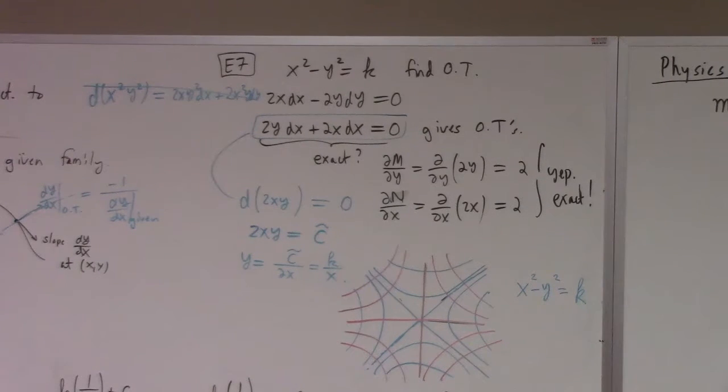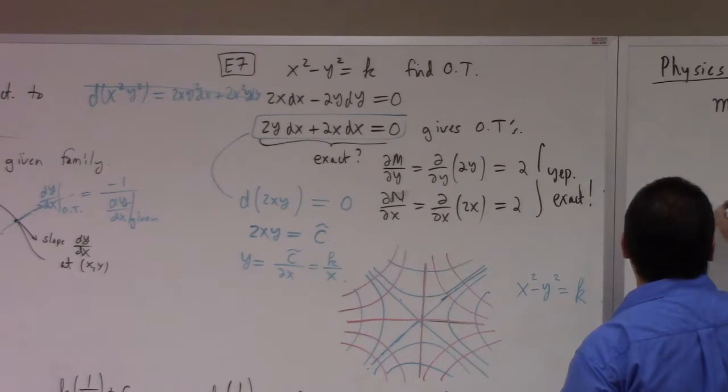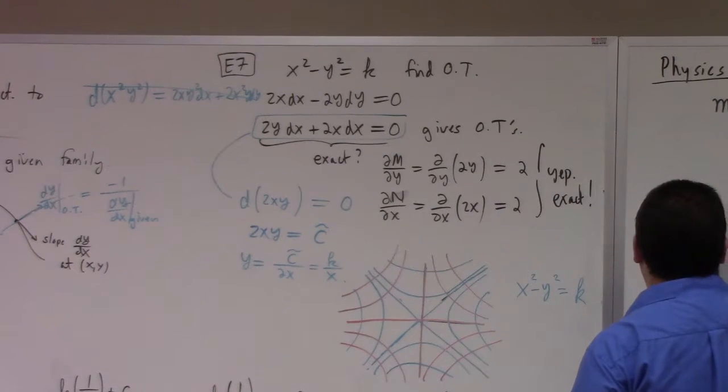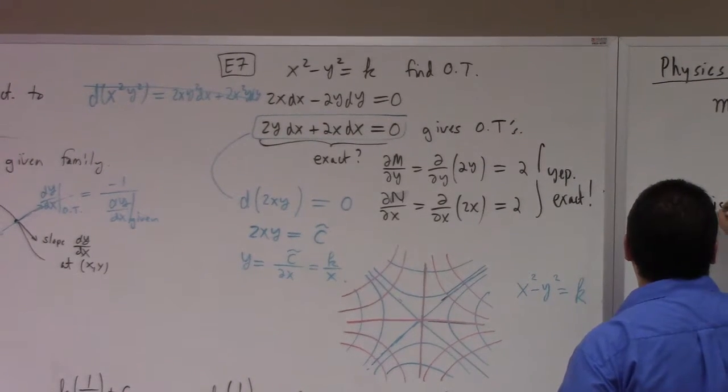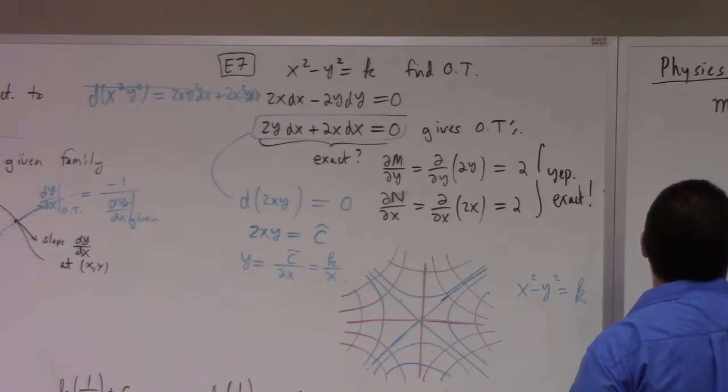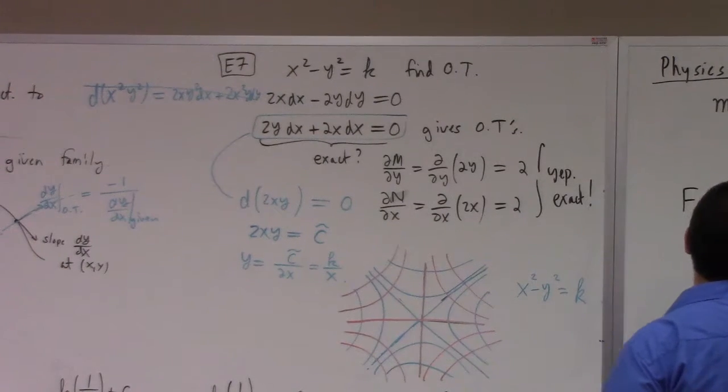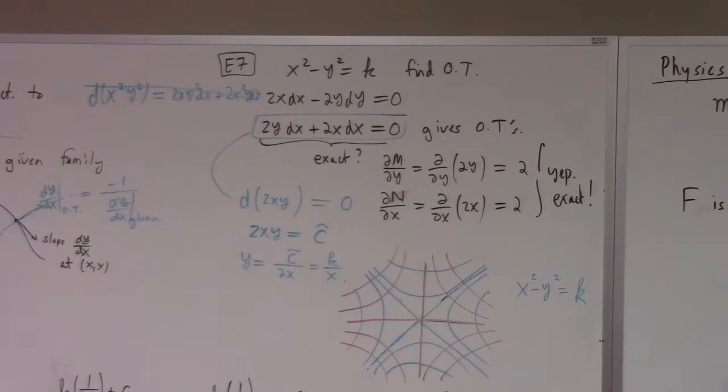What does it mean for the force to be conservative? Or let's just say F. The net force doesn't have to be conservative. We could just have a force. F is conservative. What's that mean? It means it's minus du dx for U equal to the potential energy function, right?